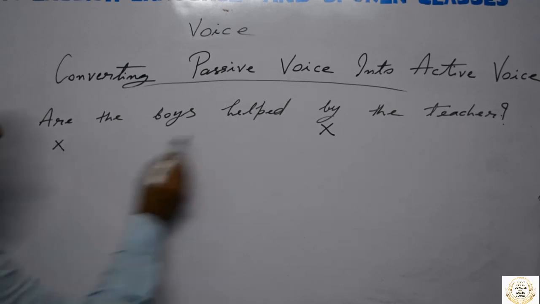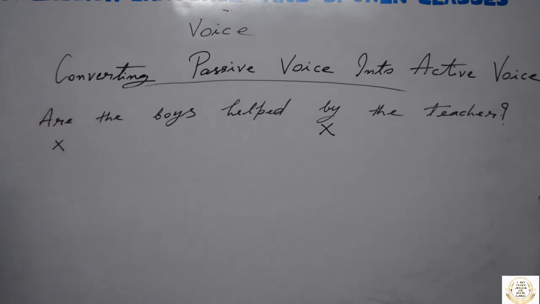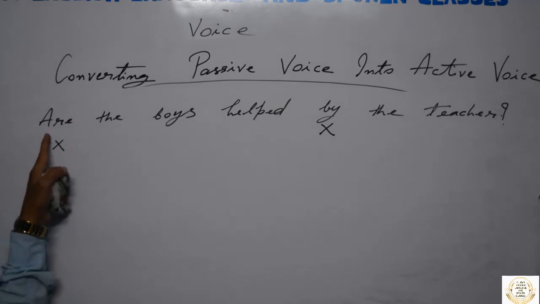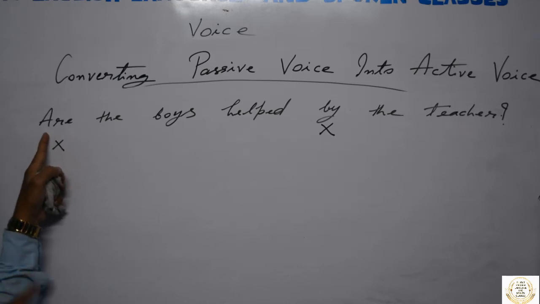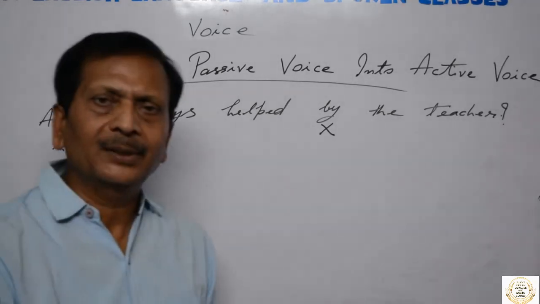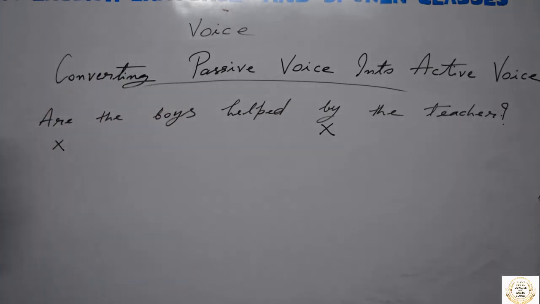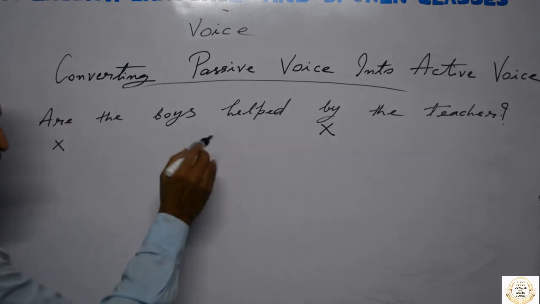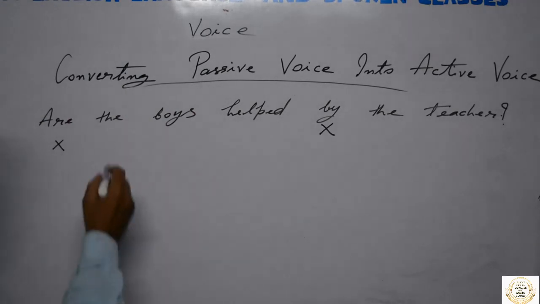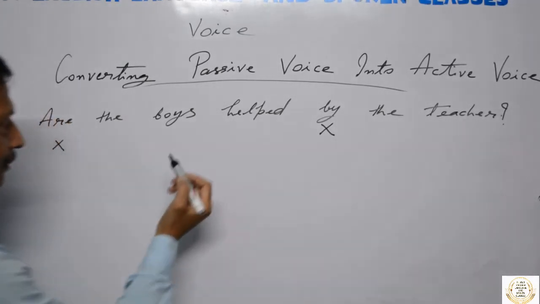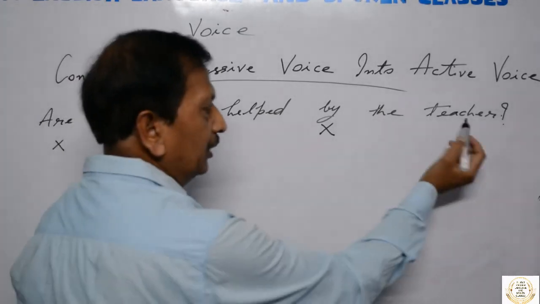If this word is removed, then you have to think which tense this is. This word gives you an idea that this is simple present tense, because in simple present tense a special word, are, we use. So the idea is clear. This is simple present tense, and if this is simple present tense, then it will be easy to write simple present tense into interrogative form. The boys, this is help given, the teacher.